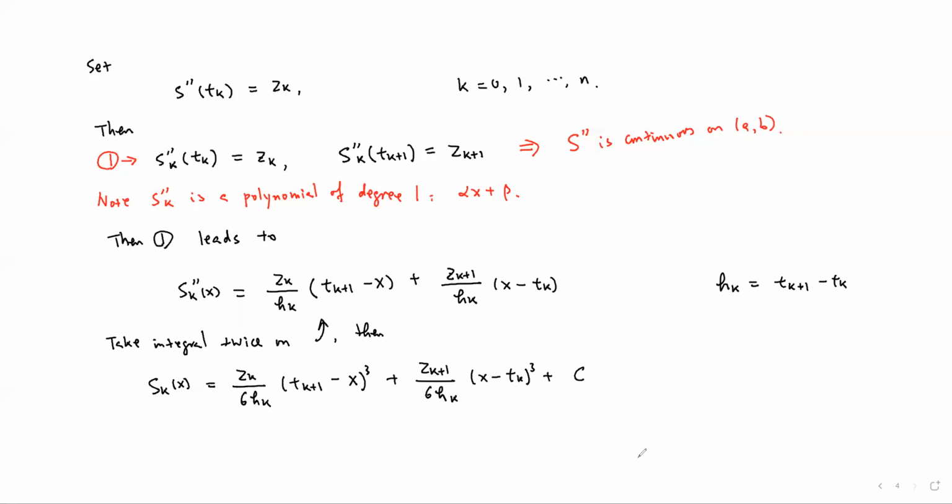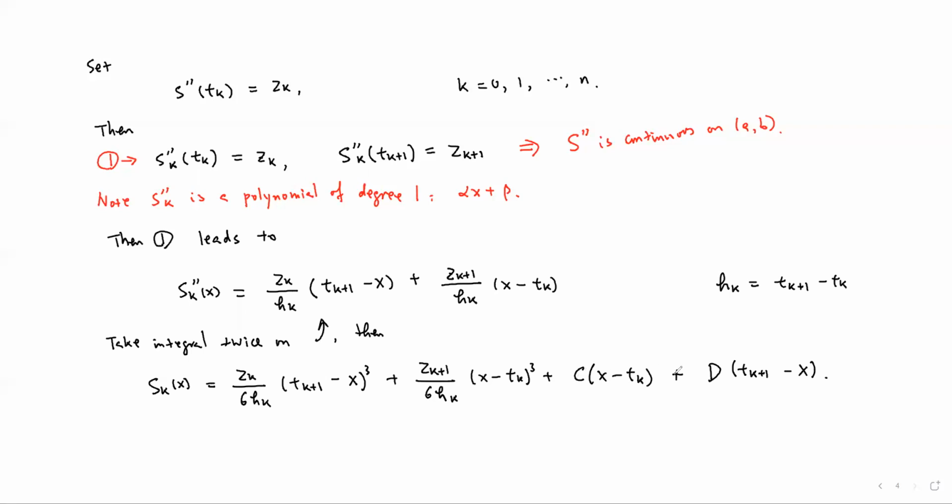That arbitrary constant is called the constant of integration. C, arbitrary, times (x minus t_k). And D, arbitrary, because I take the integral twice, times (t_{k+1} minus x), and then S_k, where C and D are constants of integration.